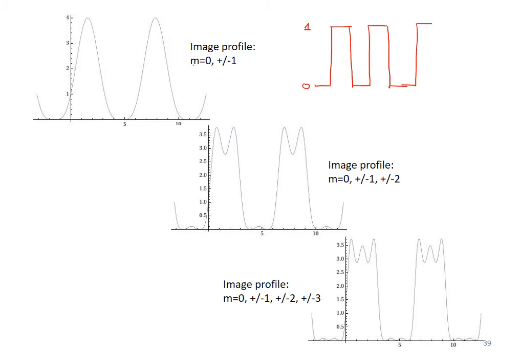If we include just 0 and plus and minus 1 orders in the reconstruction of our image, we can see that our image profile is actually more triangular. But as we increase the number of orders that are used in the reconstruction of our image, you can see the tops, the bright part, becomes flatter and the sides become more vertical.